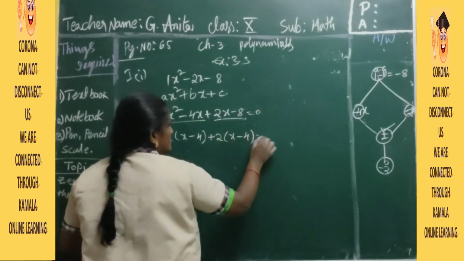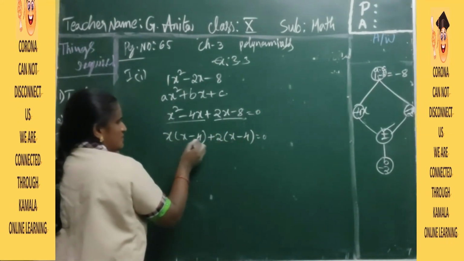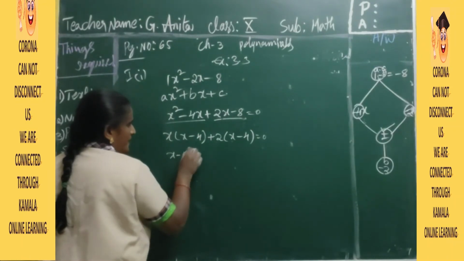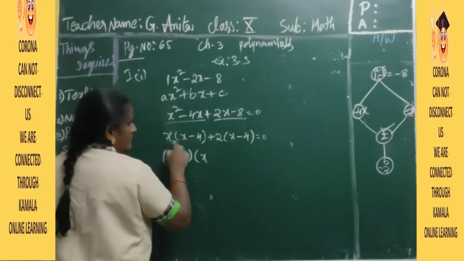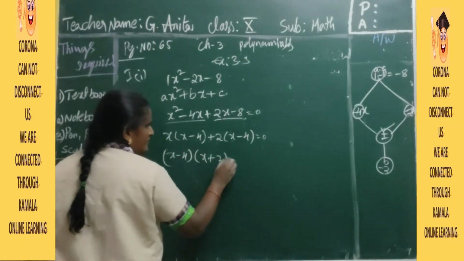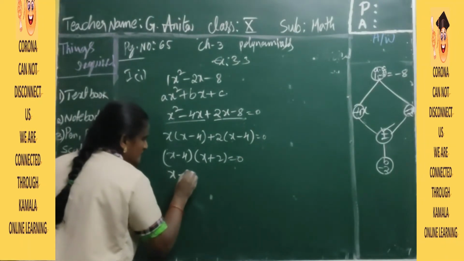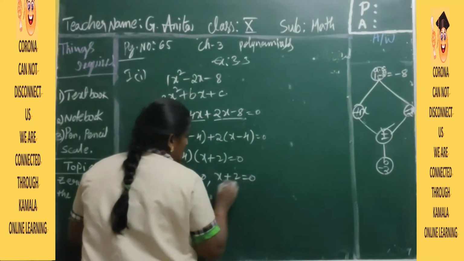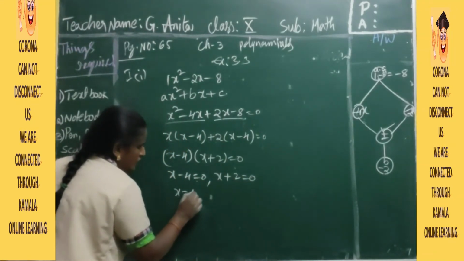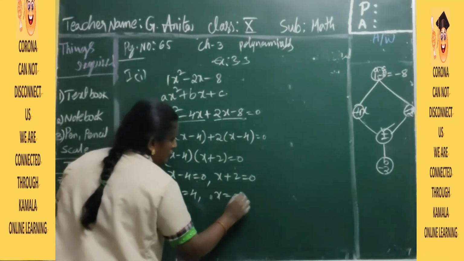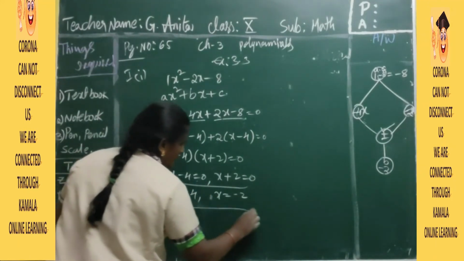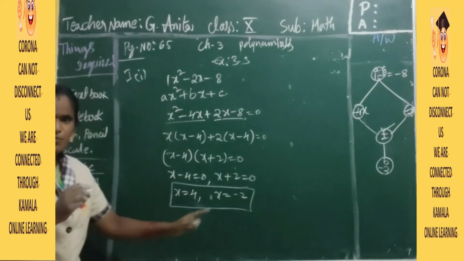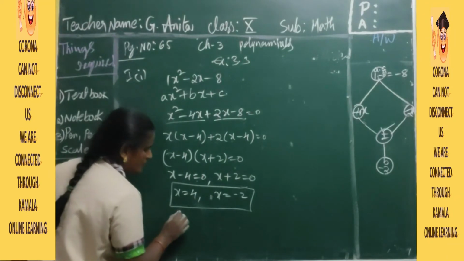Next, x minus 4 is a common. Here x is left, here plus 2 is left. So x minus 4 is equal to 0, then x plus 2 is equal to 0. Okay, x is equal to 4, x is equal to minus 2. So these two are the zeros of the polynomial.